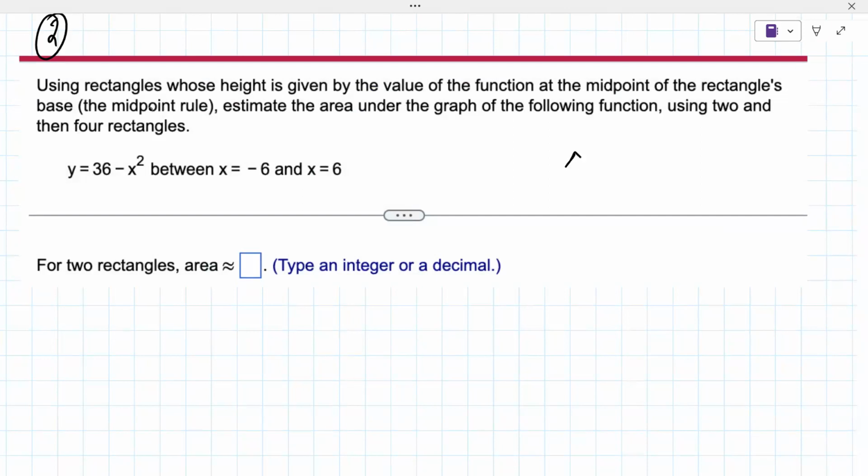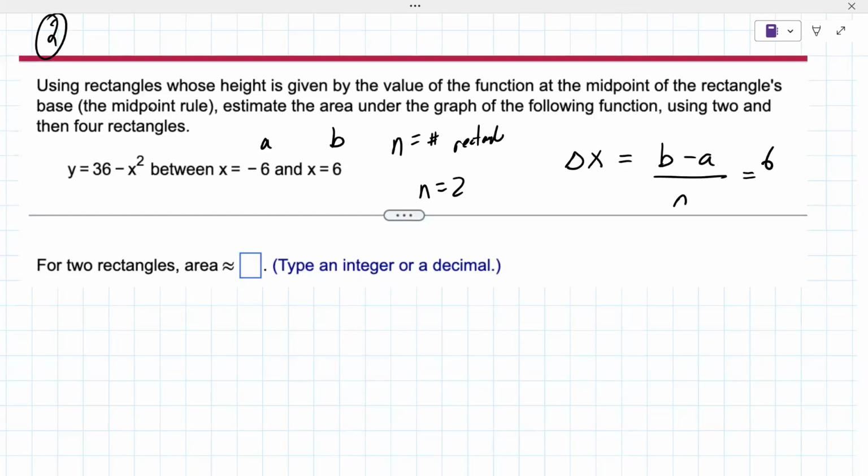The first thing you're supposed to do is this what's called delta x, which is b minus a over n. This is a, this is b, n is the number of rectangles. So for 2 rectangles, it's 2.